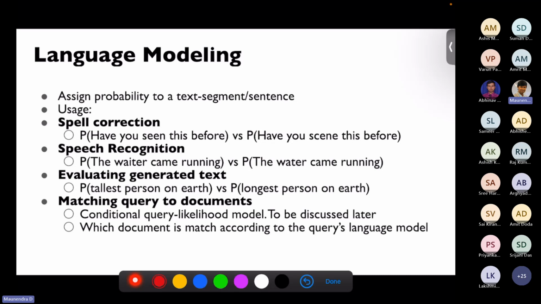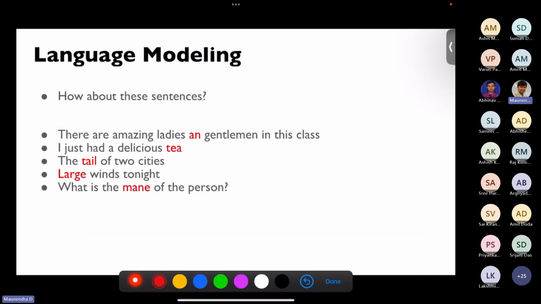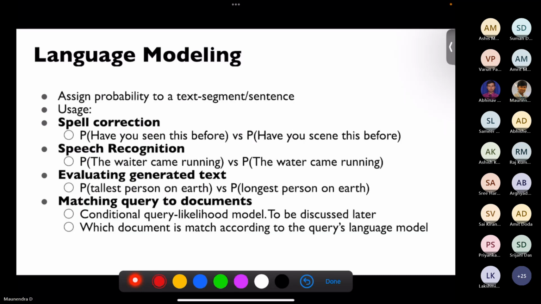But why do that? What is the benefit of doing that? It can be useful for many tasks or applications. One example is spell correction. Suppose we have these two sentences: "have you seen this before" versus "have you scene this before".